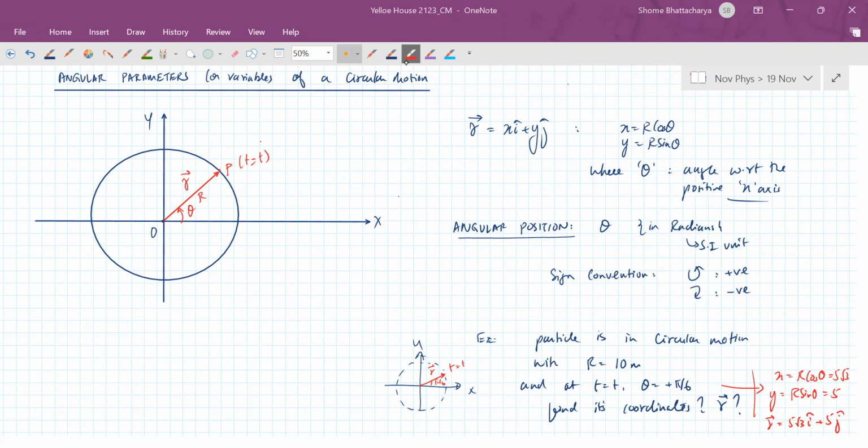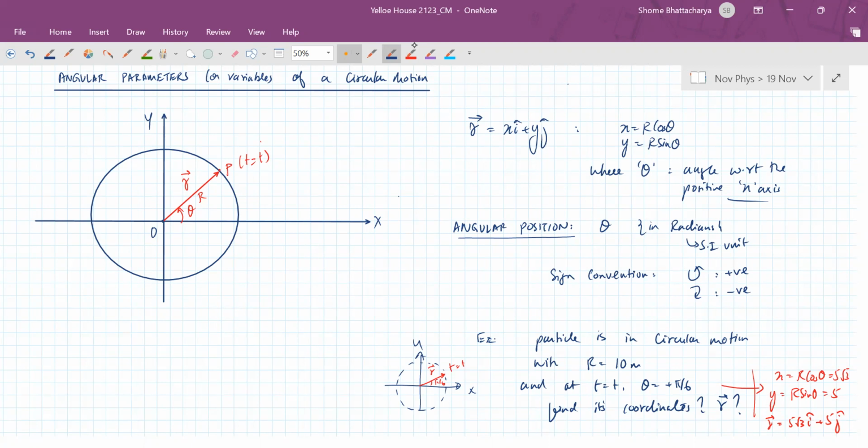So it's not just about describing position vectors, but once we know the angular position, we can find out the coordinates of the position vector very easily from that. So it becomes a way of referring to where the particle is at the given instant on the given circle. To find out where it is, we just basically need the angle.